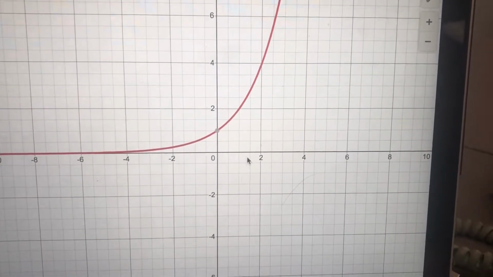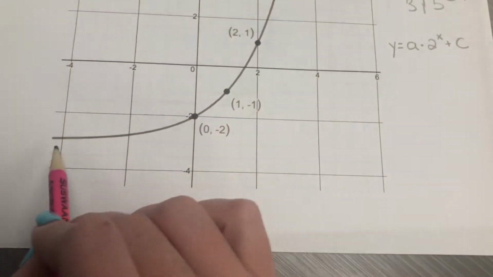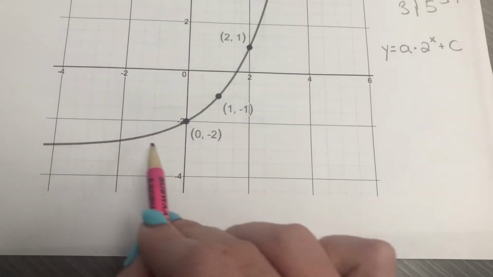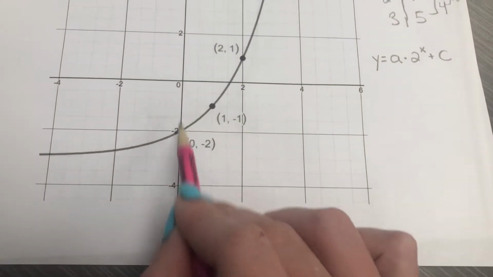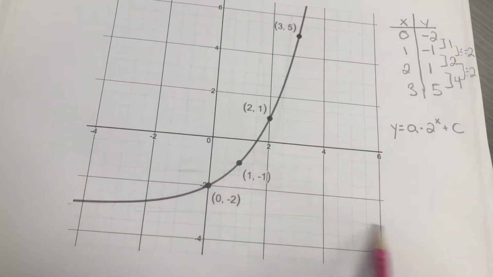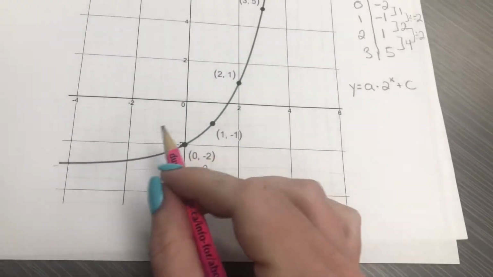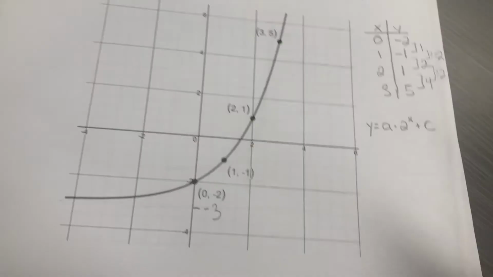So here, our horizontal asymptote is 0. On our graph, the asymptote will be here. Okay, so if that's -2 there, the asymptote will then be at -3. So that means our graph has shifted down 3.